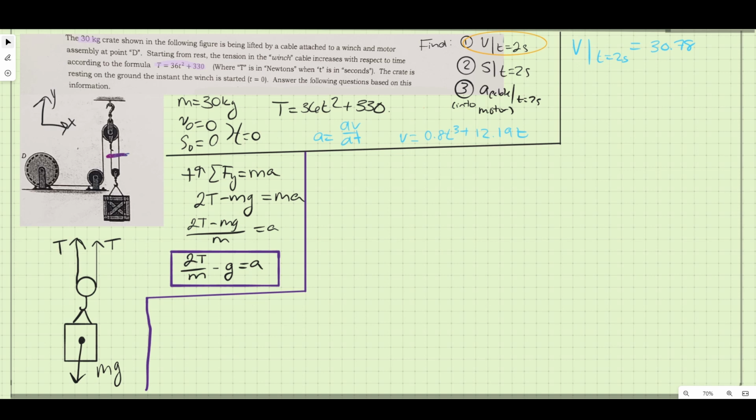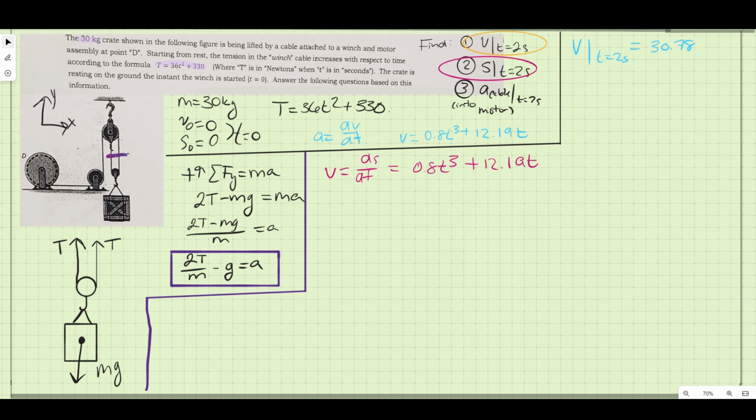So now we understand that we've got the velocity equation, and our next part is finding this distance here. And so for our distance, we can recall the kinematic equation, v equals ds over dt, and we can plug in our velocity equation, which is 0.8 t cubed plus 12.19 t.